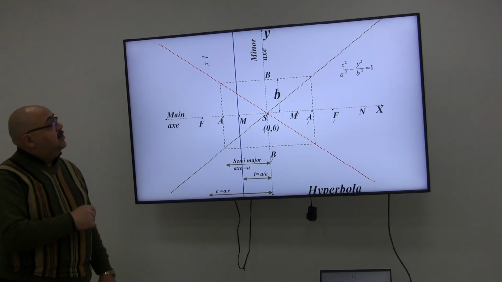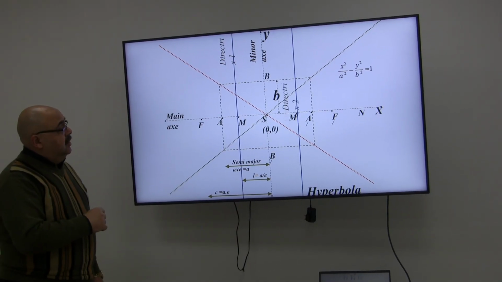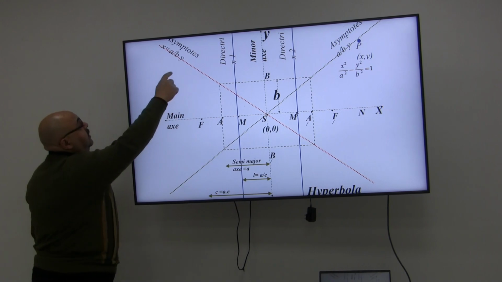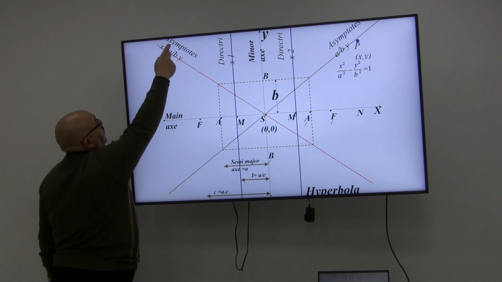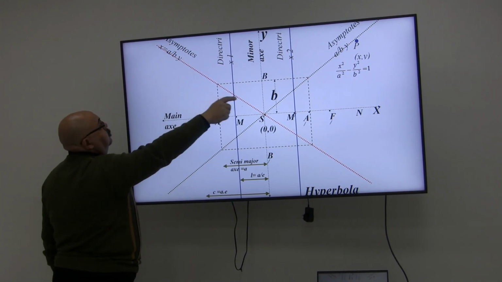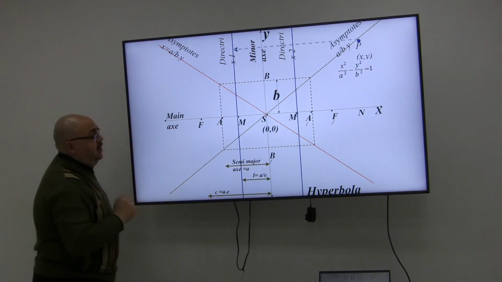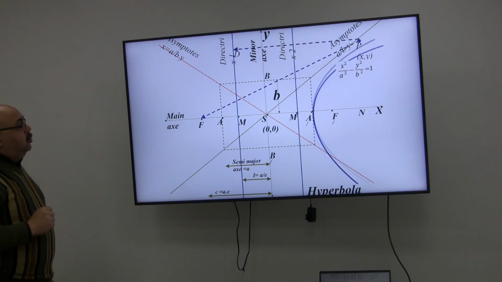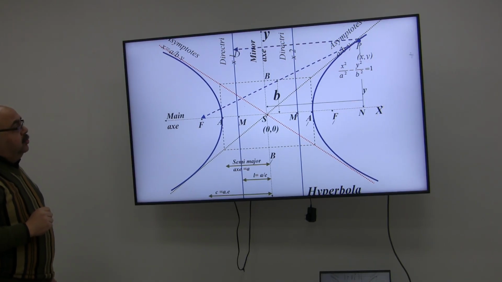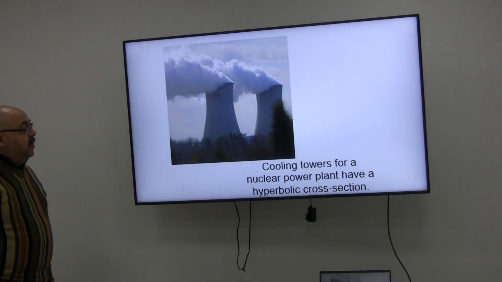You will find the equations appearing here shortly. Here we go, that's the equation: y equals b over a times x. In the other direction you will have the exact same equation but with a negative sign. Then you will be able to define the shape of your hyperbola as you saw.